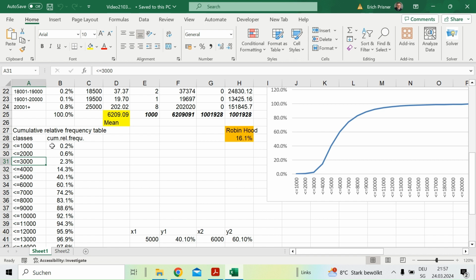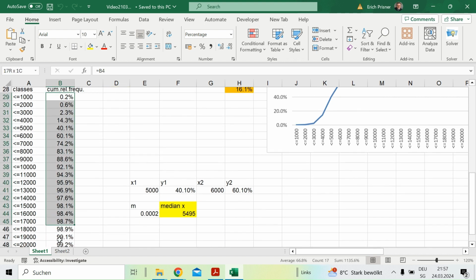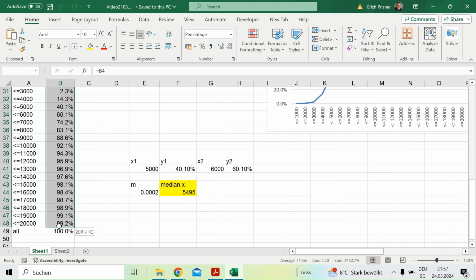So this cumulative class is the poorest 0.2% of the population. This one is the poorest 0.6% of the population. This one is the poorest 2.3% of the population, and so on. So these values are the x values of our Lorenz curve.